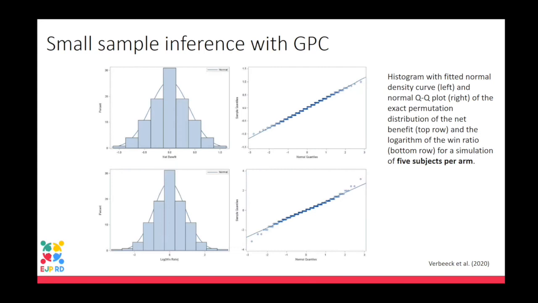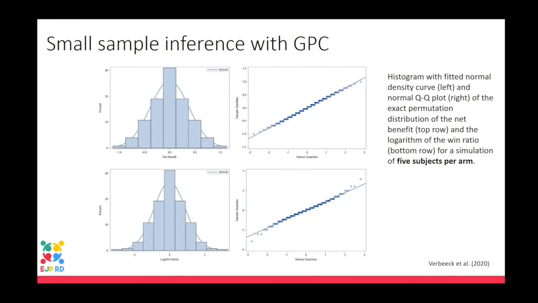And indeed, when applying these exact permutation tests on the general pairwise comparison, you can see on the top row, which is the net benefit, and the bottom row is the win ratio, or in fact, the log of the win ratio. And you can see on the left column that indeed these permuted data are normally distributed.